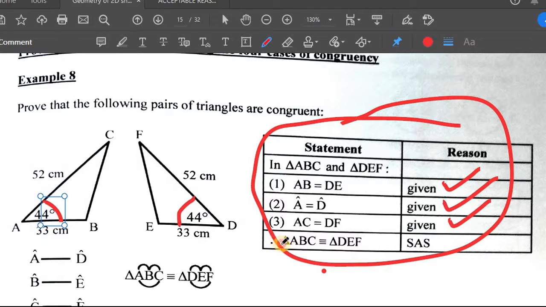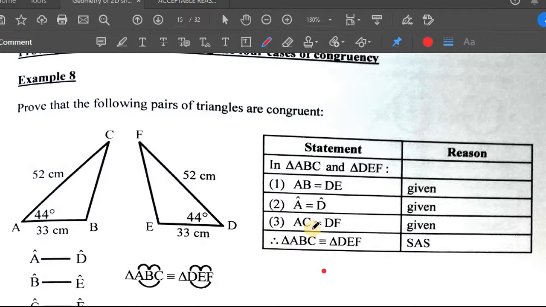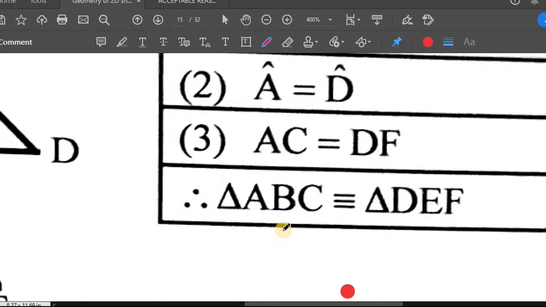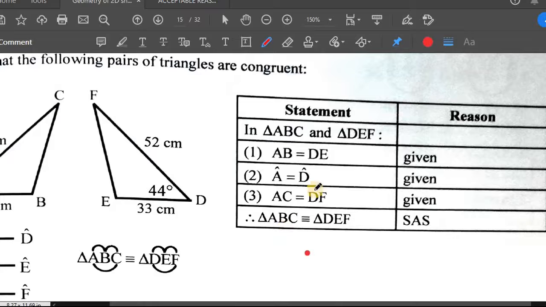Therefore, don't get rid of this line. Can you see this therefore sign? It's just like 3 dots, forming sort of a shape of a triangle. So therefore, can you see we got our side here, we got our angle here, and we got our side. Therefore, triangle ABC is congruent to DEF.